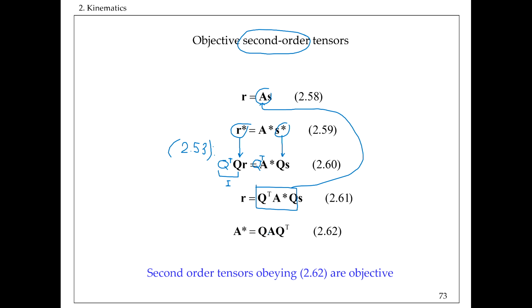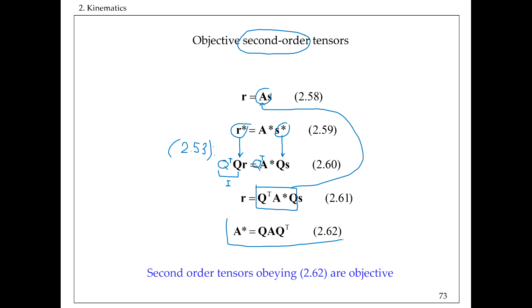So we have this double multiplication by Q and Q transpose from the left and right. This is also familiar to you when you rotate a second order tensor, for example stresses, into a different configuration or coordinate system. It is a similar operation that you apply here.